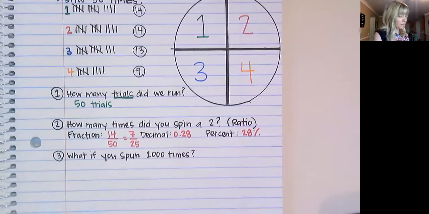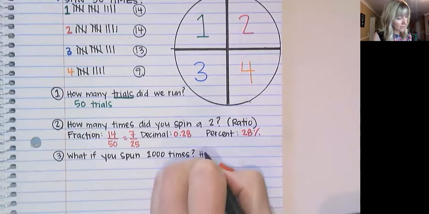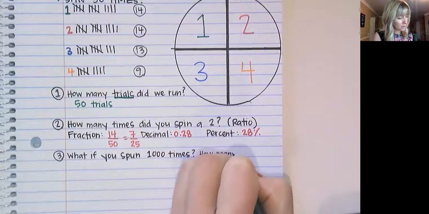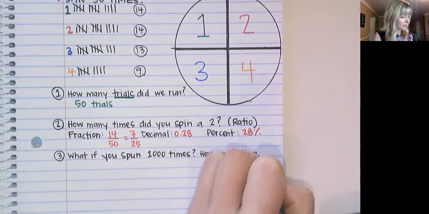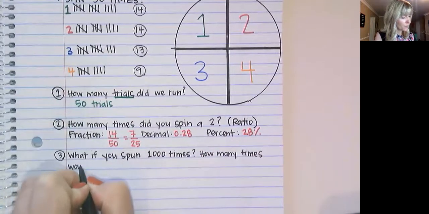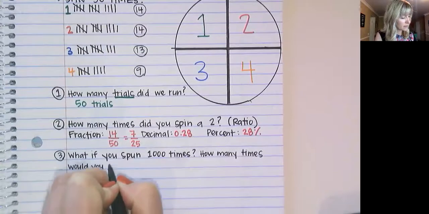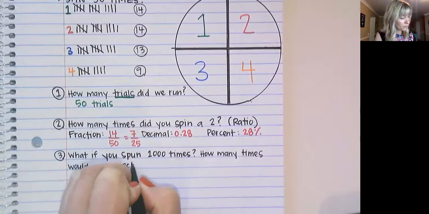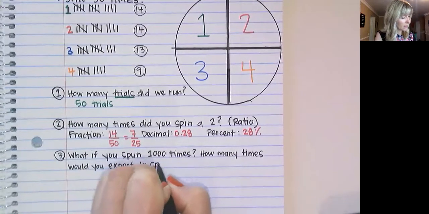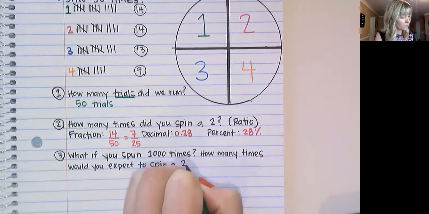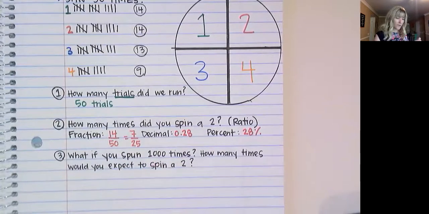If I spun it 1,000 times, how many times would you expect to spin a 2?